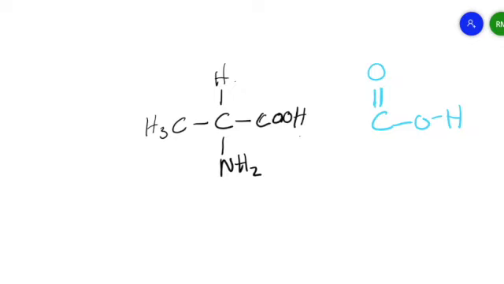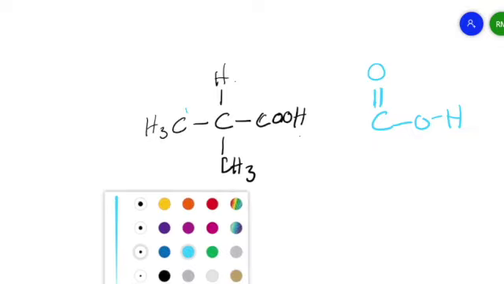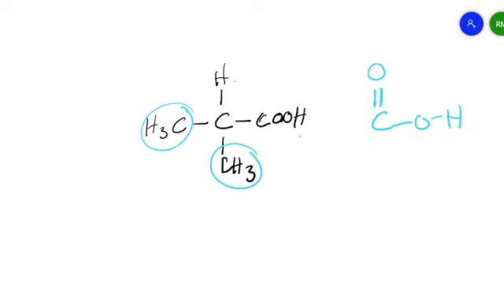But if I were to replace this with another CH3 group, these 2 groups are now the same, meaning that it no longer fulfills the requirement of 4 different groups being bonded to the chiral carbon. So this is not a chiral molecule and hence does not have optical isomers.